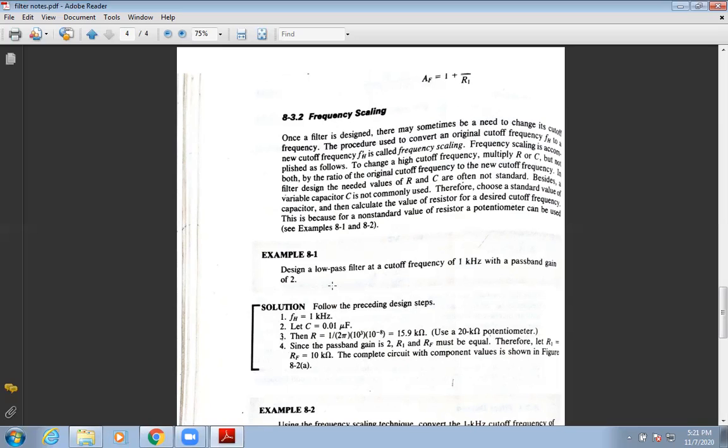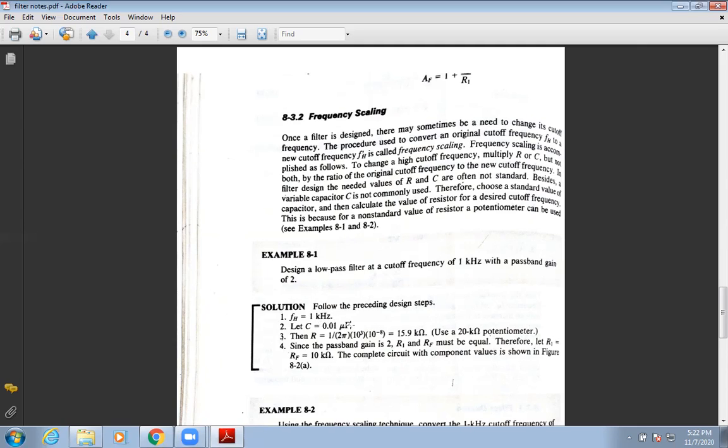Suppose this is the example. If you are asked to design a low pass filter at a cutoff frequency of 1 kilohertz with a passband gain of 2, we have cutoff frequency fH equal to 1 kilohertz. Now select a value of C which is always less than or equal to 1 microfarad. In this case, we are selecting 0.01 microfarad.